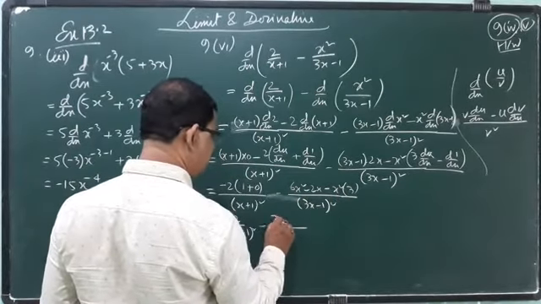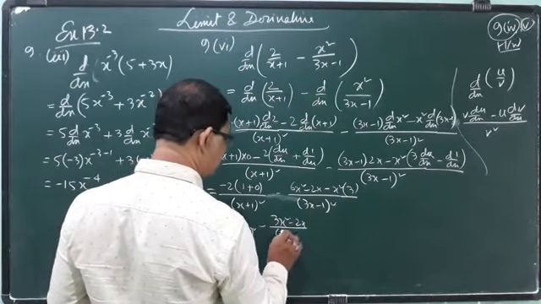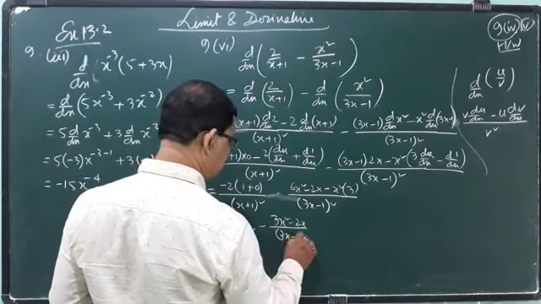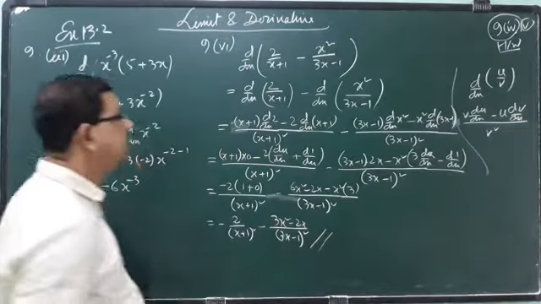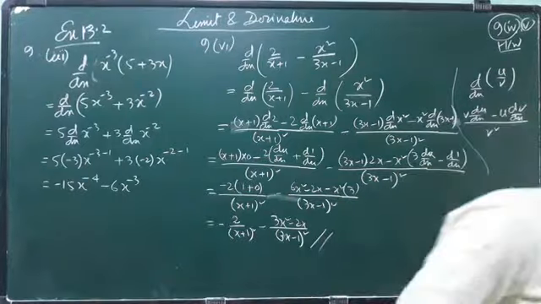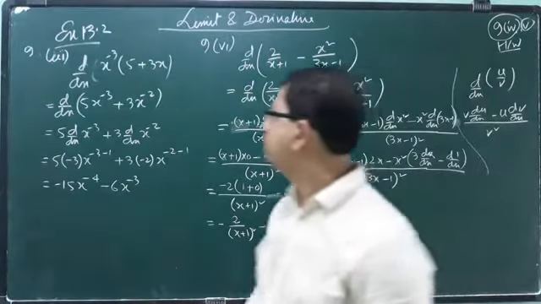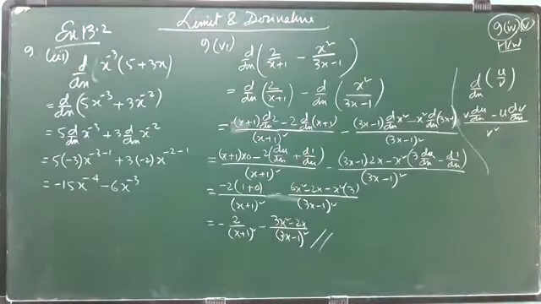So it will be 3x square minus 2x, and that is your final answer. So this is the value of 9, 6. With that we have completed the whole question number 9. Now we are going to do question number 10.